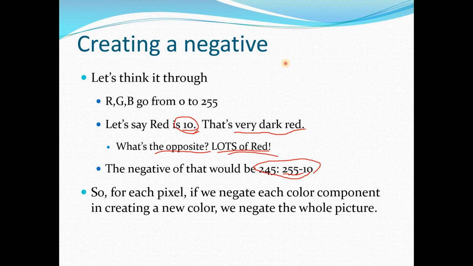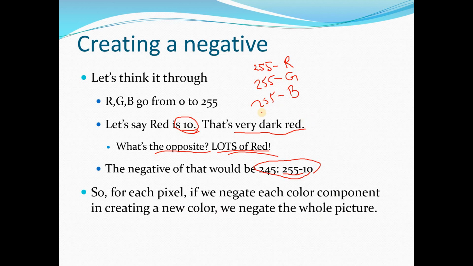You do this operation for all three colors. If the old red value was R, the new value becomes 255 minus R. If the old green value was G, now it becomes 255 minus G, and similarly for blue, 255 minus B. For each pixel, if we negate each color component in creating a new color, we negate the whole picture.